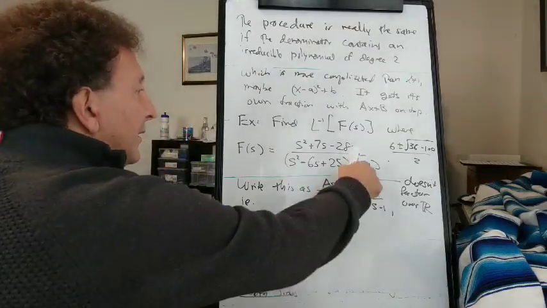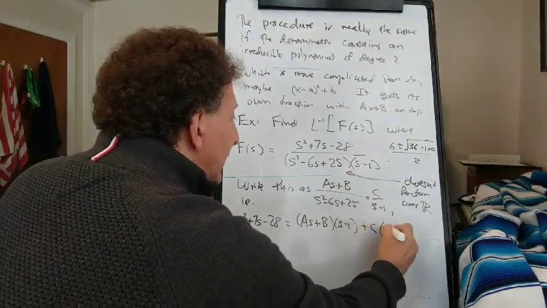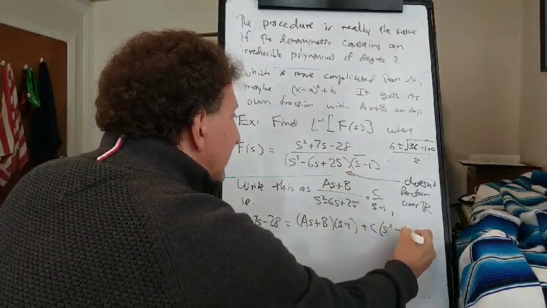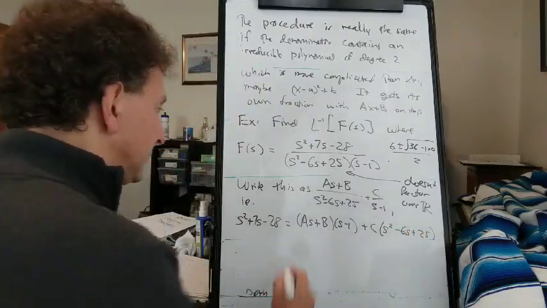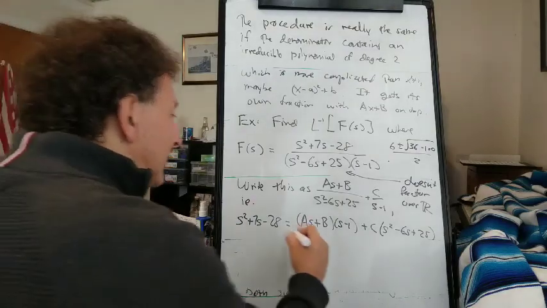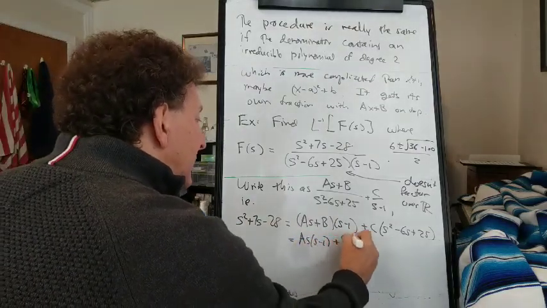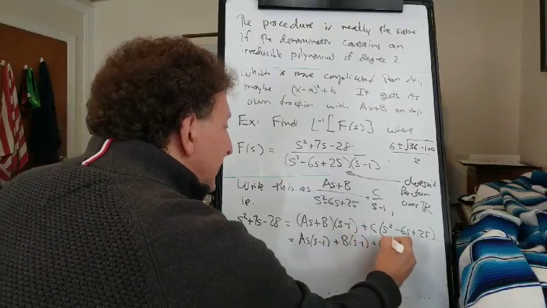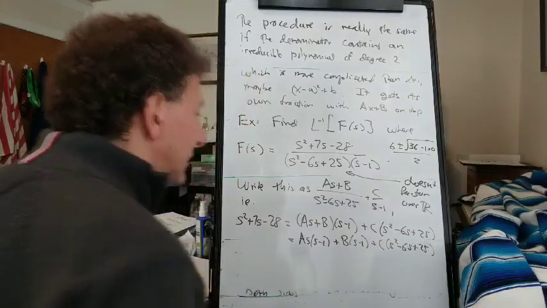And then s minus 1 will cancel this s minus 1, and we'll get c times s squared minus 6s plus 25. And maybe it'd be convenient to write this as a(s minus 1) plus b(s minus 1) plus c times s squared minus 6s plus 25.